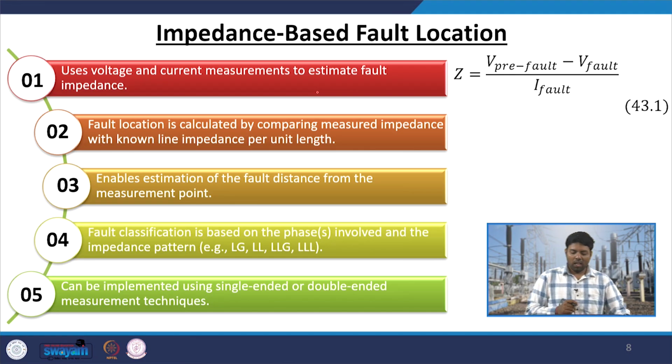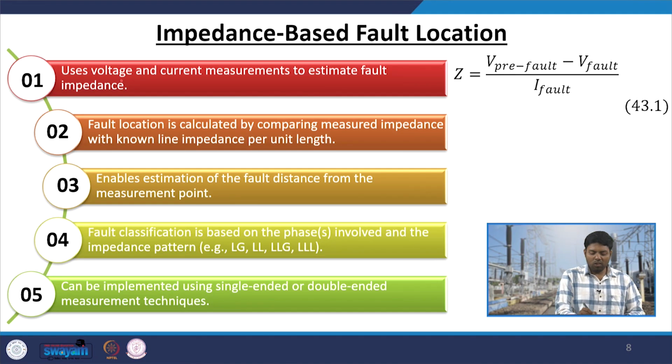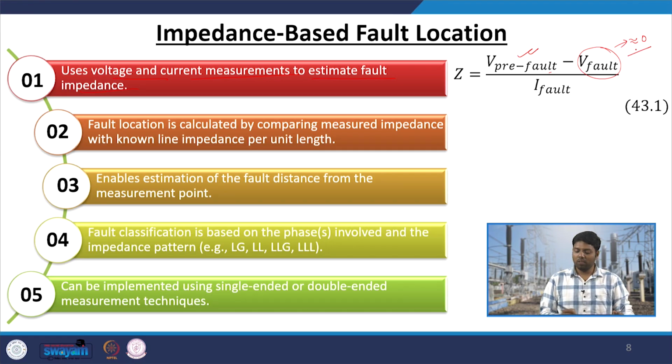So, if that is the problem, then at that time this threshold based system will not be a good option. Then you have impedance based fault location, which uses voltage and current measurements to estimate fault impedance. So, you will see before the faulted section what is the voltage, and at the faulted section how much is the voltage, that is close to 0 or maybe 0.1 per unit.